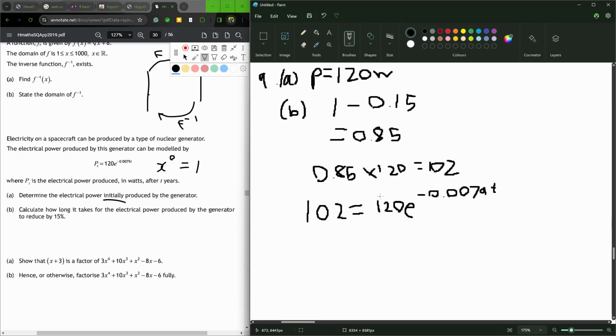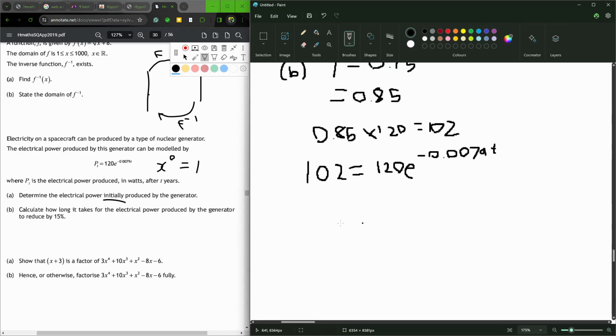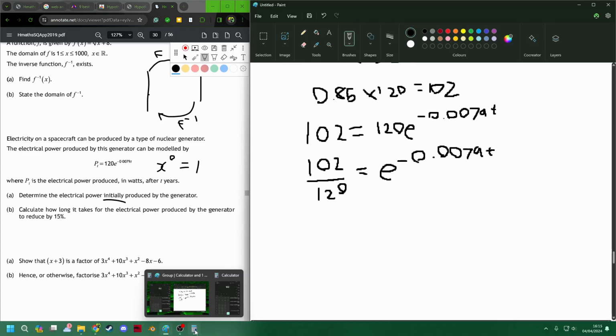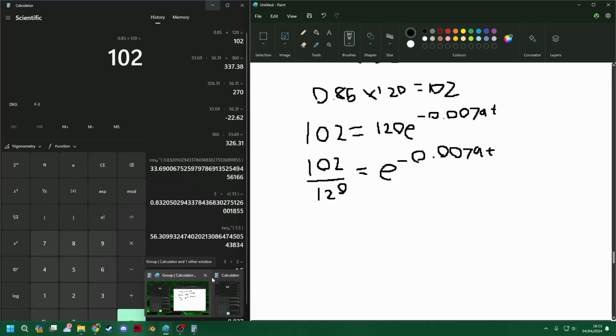Okay, right, let's go and start solving this. If we divide both sides by 120, we have 102 over 120, and we'll sort that fraction out later. Actually, we'll sort it out as soon as I finish writing that down. So 102 divided by 120.